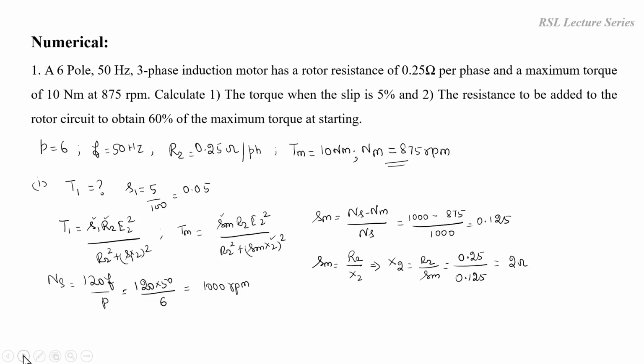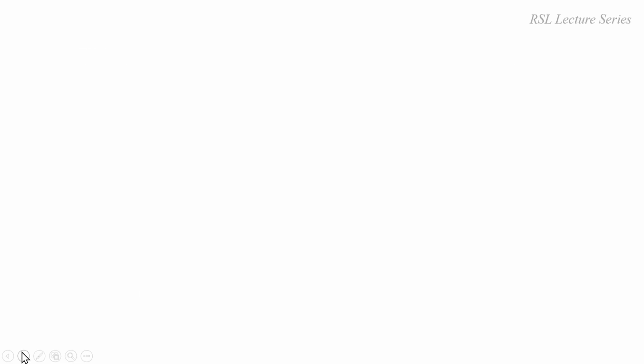Okay. So now we will find the ratio of T1 and Tm and find this T1. Next we will write the ratio between T1 and Tm. T1 by Tm is equal to: the T1 equation is S1 into R2 into E2 square divided by R2 square plus (S1 X2) whole square.